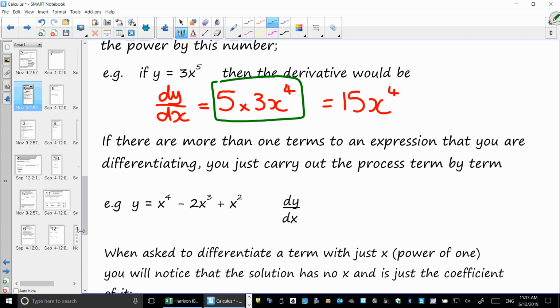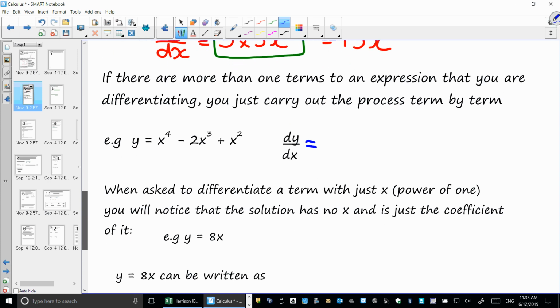If there's more than one term to an expression, you just differentiate them term by term. So I've got y equals x to the 4 minus 2x cubed plus x squared. So dy dx is going to be, what is it? 4x cubed minus 6x to the power 2 plus 2x.